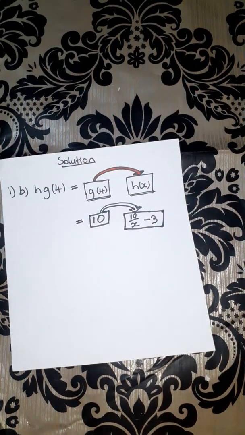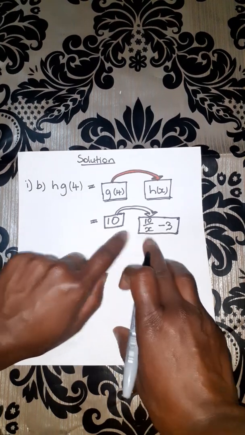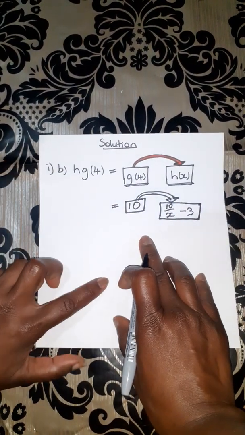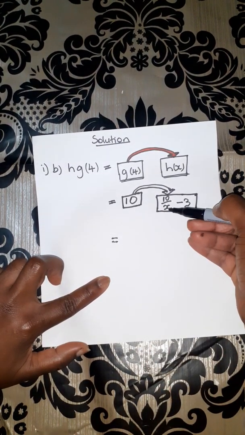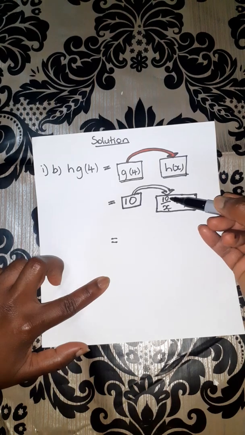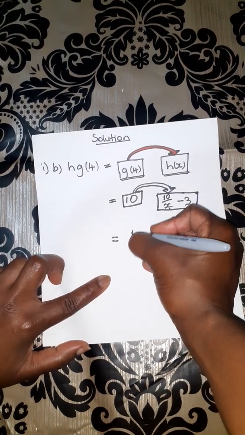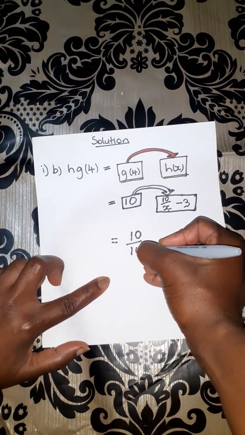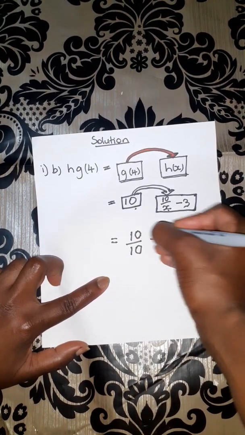Remember now that whatever is your input, it replaces the x, which represents the input, right? So 10 now goes in the place of x. It's a coincidence that the numerator and the denominator are 10. But it makes life easier, right? So x is replaced by this 10, and then we subtract 3.